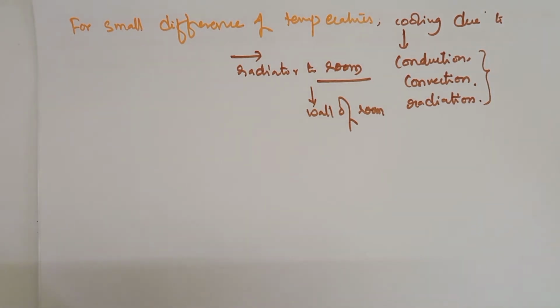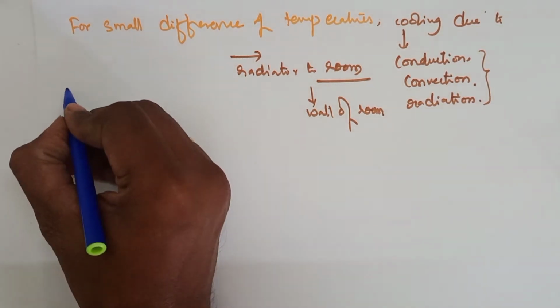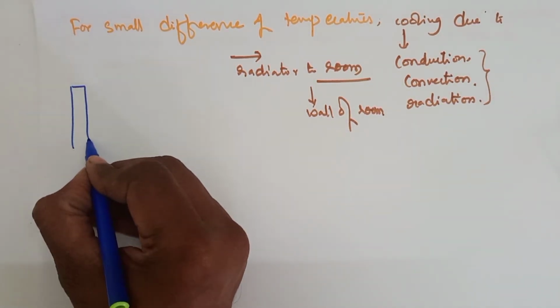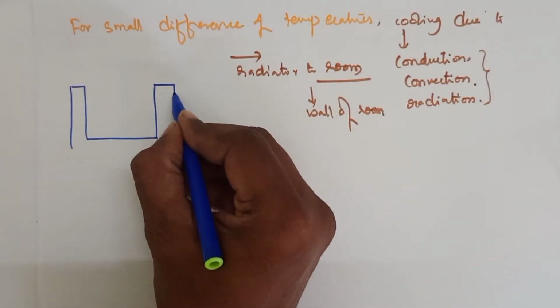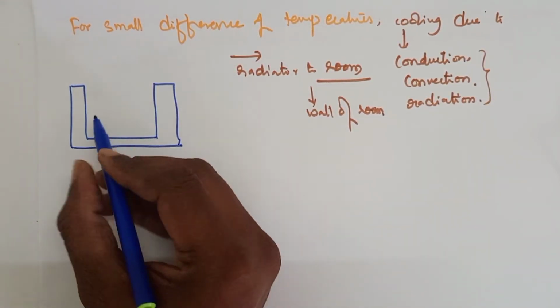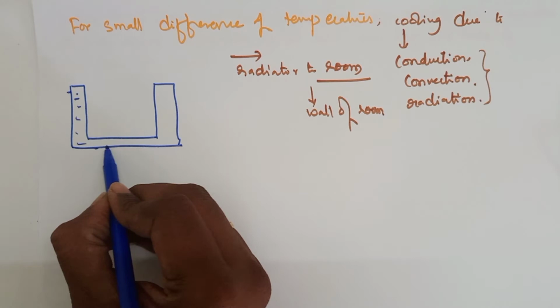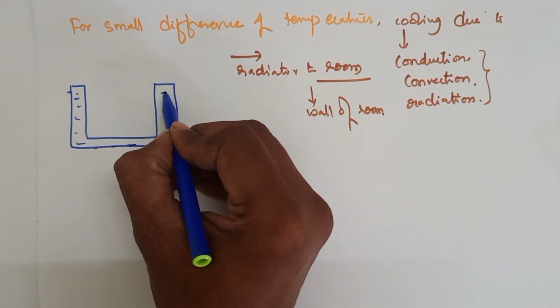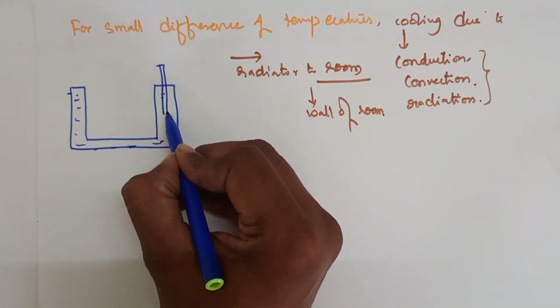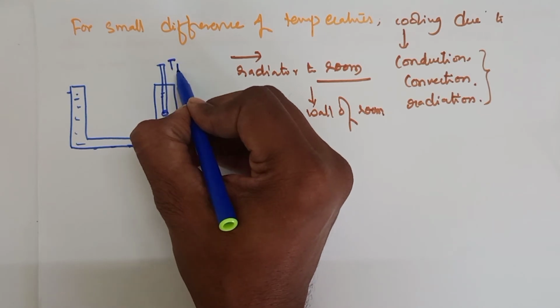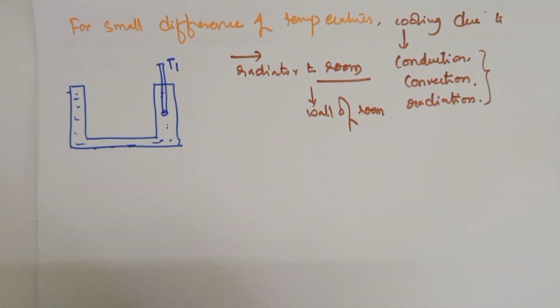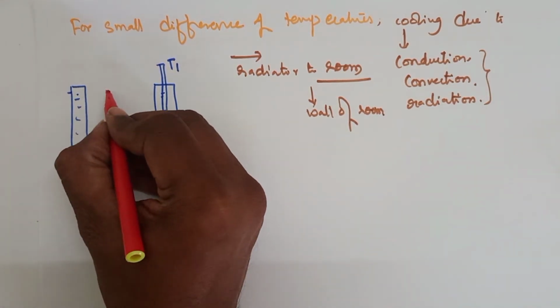Now for another verification of Newton's law, we can consider a double walled cylinder like this, where water is placed. You can keep a thermometer, so the temperature is called T1. Inside that you can place a calorimeter.